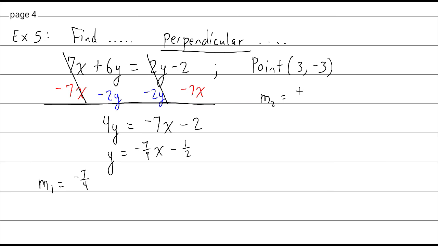The reciprocal of 7/4 is 4/7. So positive 4/7. I don't need that plus sign. Okay, I have a slope. I have a point. I can use y equals mx plus b to find the equation. Let's plug it in. Y equals 4/7 x plus b.